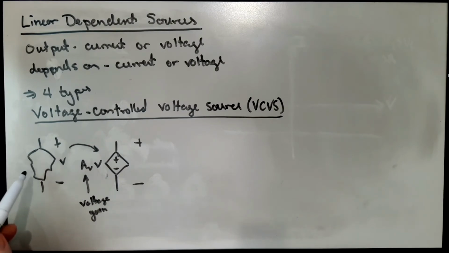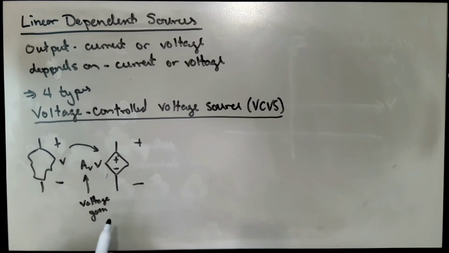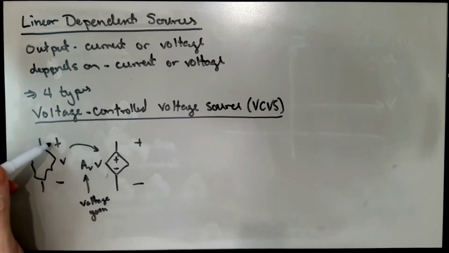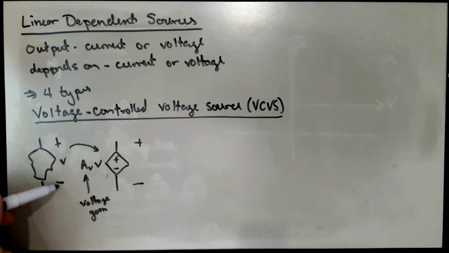Okay, so these dependent sources are typically used to model other types of circuit elements. For instance, you could make a model for an op amp as a voltage-controlled voltage source where the voltage gain is some very large number, and the voltage that it depends on is the voltage measured across the non-inverting and the inverting inputs to the op amp.